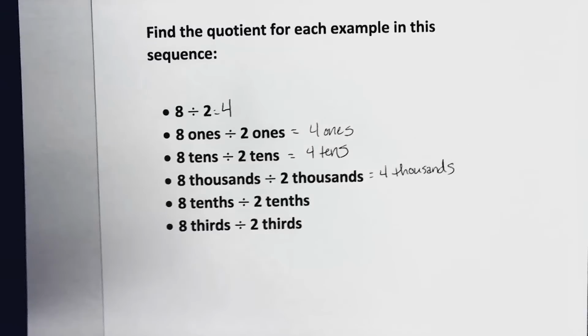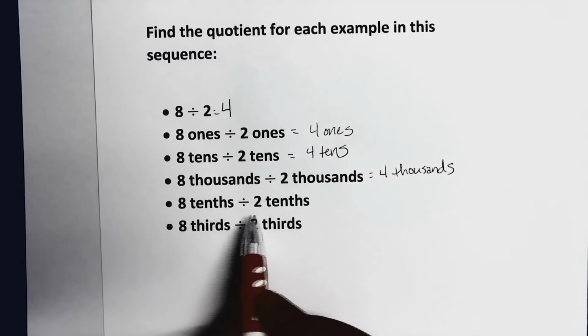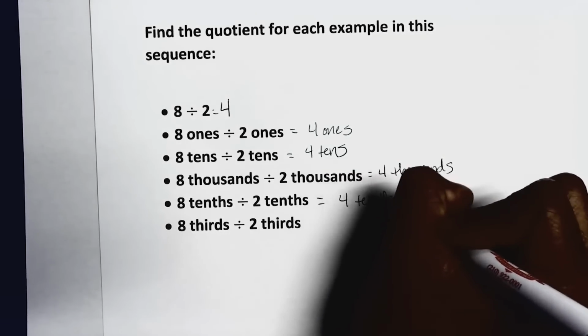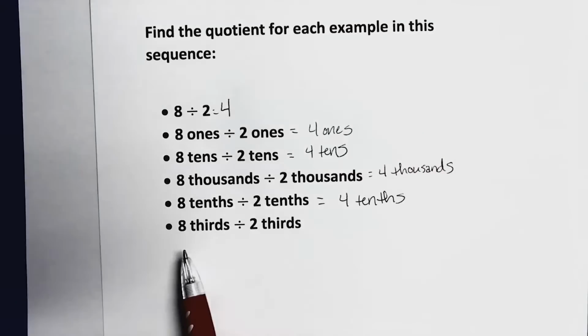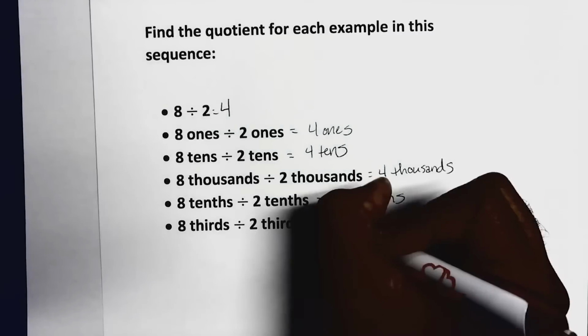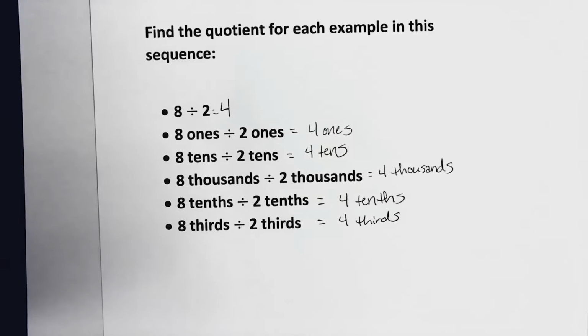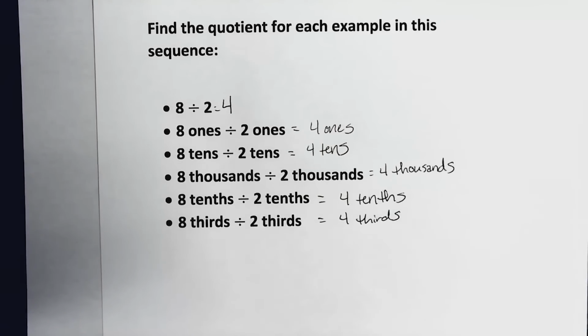Oh, are y'all seeing the pattern? 8 tenths divided by 2 tenths is 4 tenths. And 8 thirds divided by 2 thirds is 4 thirds. Wow, so we see that the quotient for each example is 4.